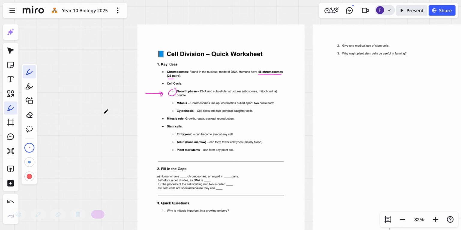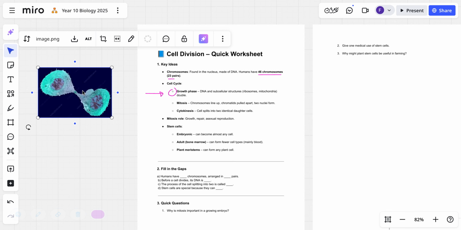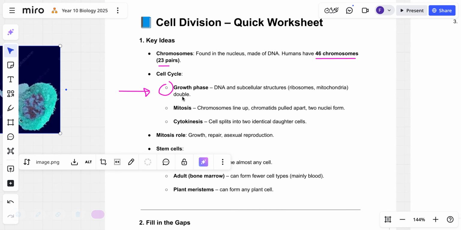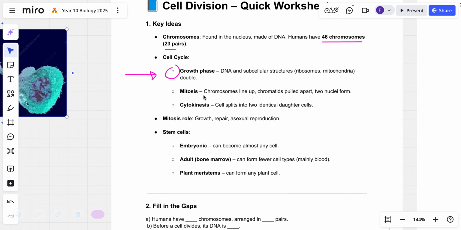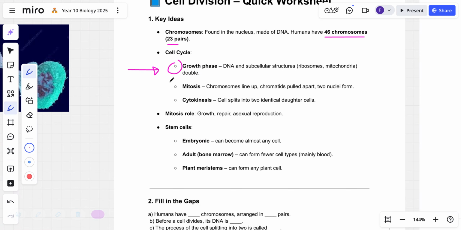So cells divide. And when they divide, they split into two smaller ones. Now, these two smaller ones, the first thing they will do is grow. The second thing they will do is divide. And there's a very special name for cells that divide, and it's called mitosis.